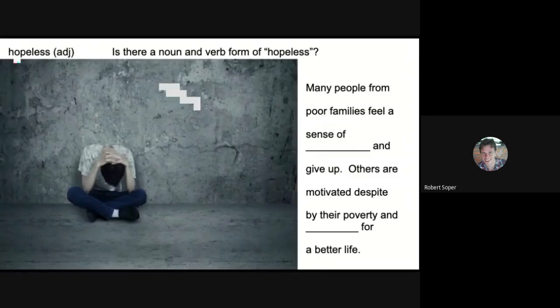Now, let's talk about this word, hopeless. What can you remember about hopeless? Is it a positive word? No, it's not. What does it mean? Hopeless.